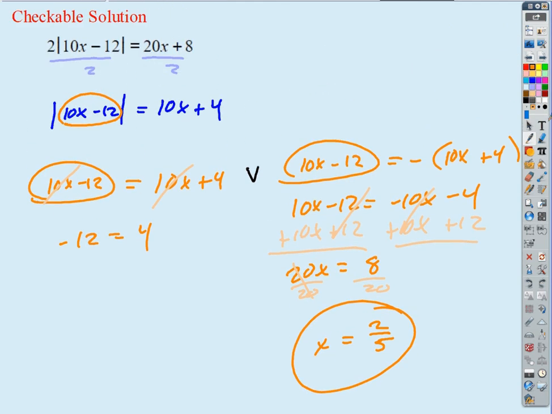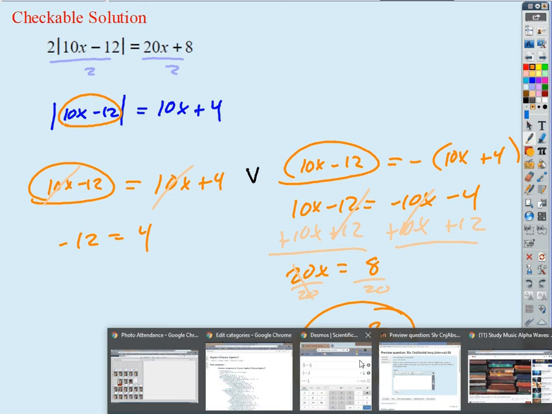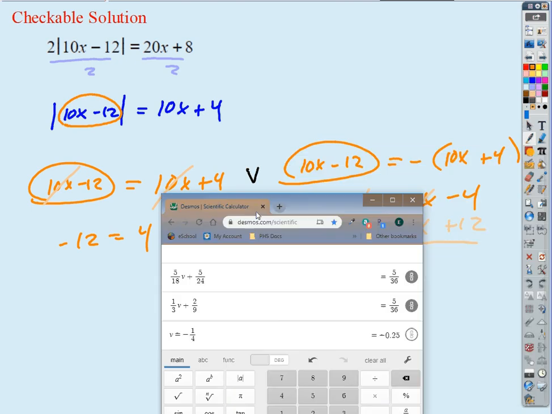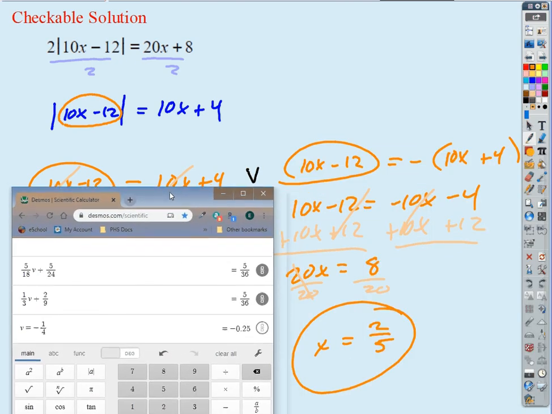Now, can I guarantee that's a solution, though? No, I can't. Especially if I've got variables on both sides to start with, right? So I've got to go back and check it. So how do I check an absolute value function? It's easy. I just use absolute value in Desmos. Okay, so we'll try.